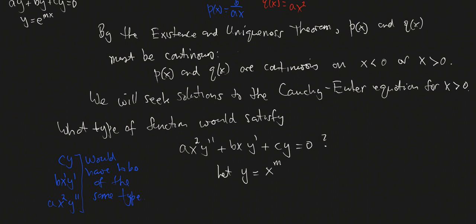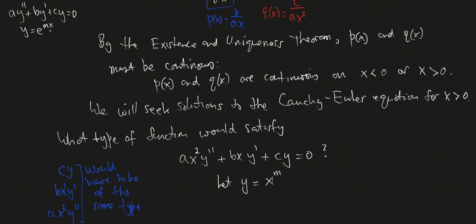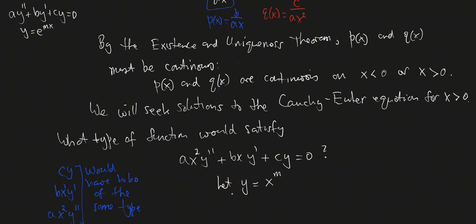If we know the type of function and all that's left is to figure out what the exponent would have to be, let's do what we did for the constant coefficient case. Let's go back and find the first and second derivatives, plug those into our differential equation, and see what has to happen, see if we get any conditions that m would have to satisfy. So let's take our first derivative. So this will be m x to the m minus 1.